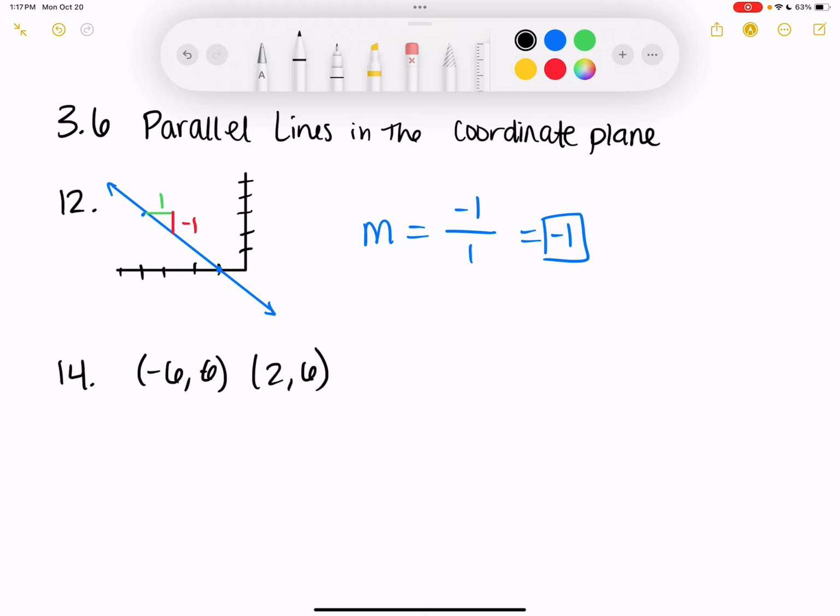So we are writing the formula for slope: y2 minus y1 over x2 minus x1.